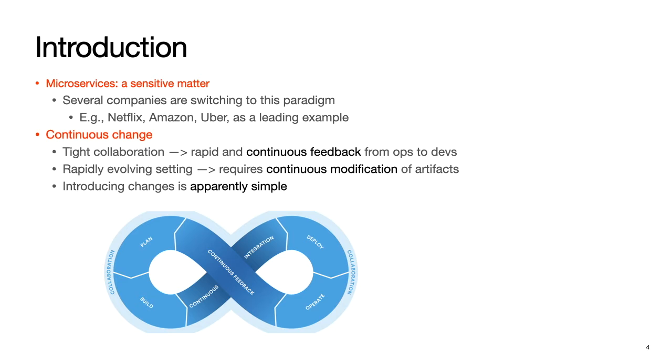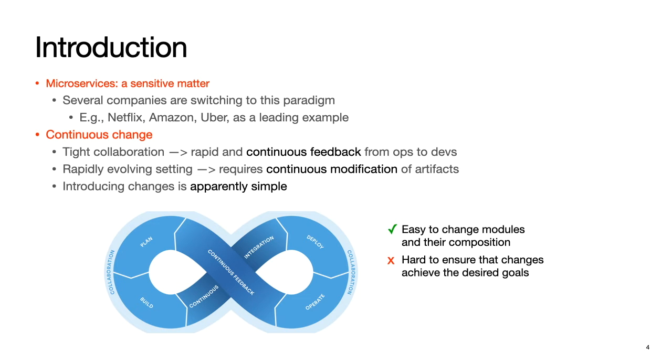It is a setting that fosters tight collaboration between developers and operators, with continuous and rapid feedback between the two phases, from developers to operators and also the other way around. So this context encourages rapid and continuous modification of artifacts.